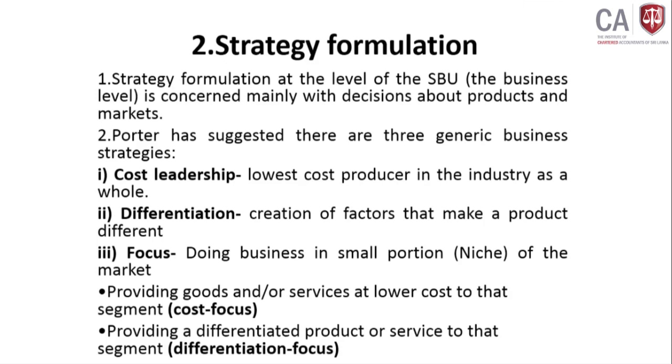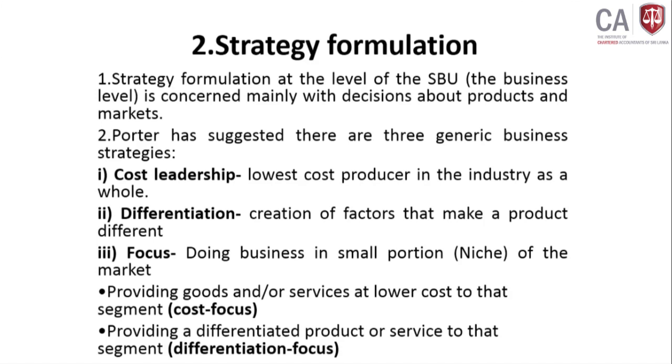First one is cost leadership. Under the cost leadership strategy, a particular manufacturer is trying to become the lowest cost producer in the industry. That is the objective. You try to produce the good at the lowest cost.